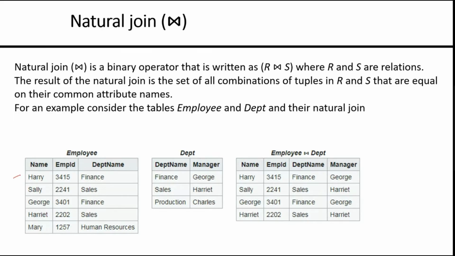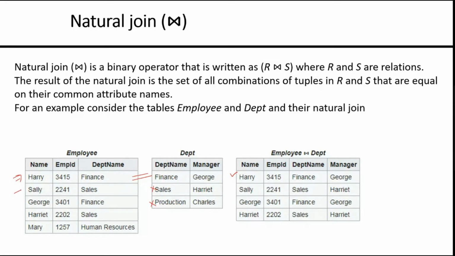You start from here, and you check only the department name when it is equal. So finance equal to finance in the first combination. So we are taking Harry 3415 finance and George. This is taken. Now finance is not equal to sales, so it is not coming, and finance is not equal to production, so again it is not coming.